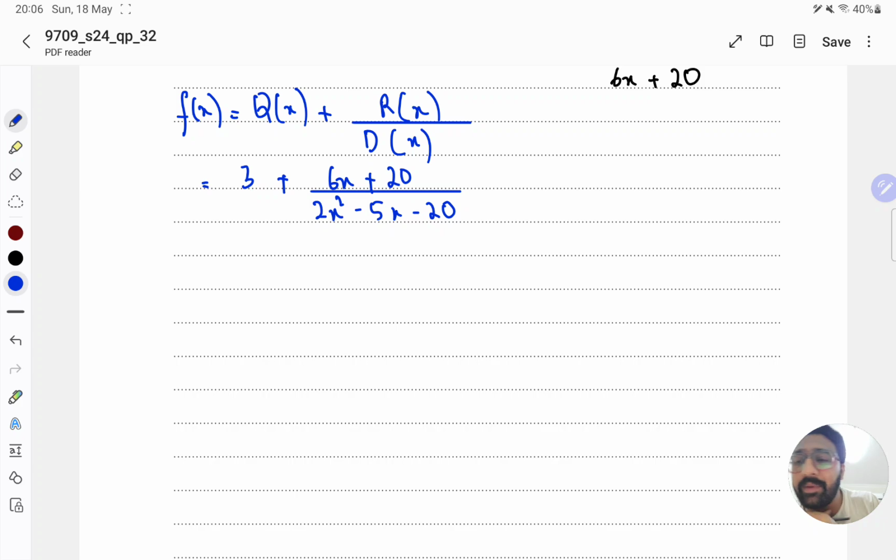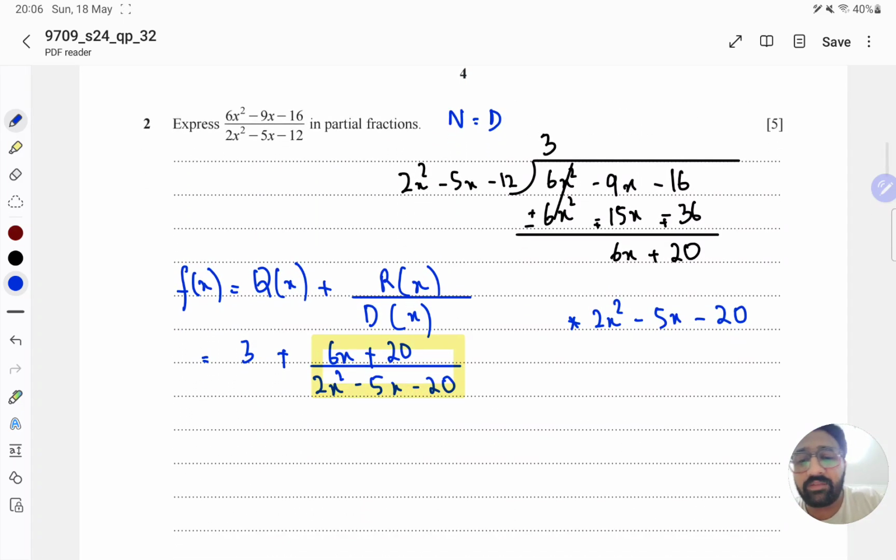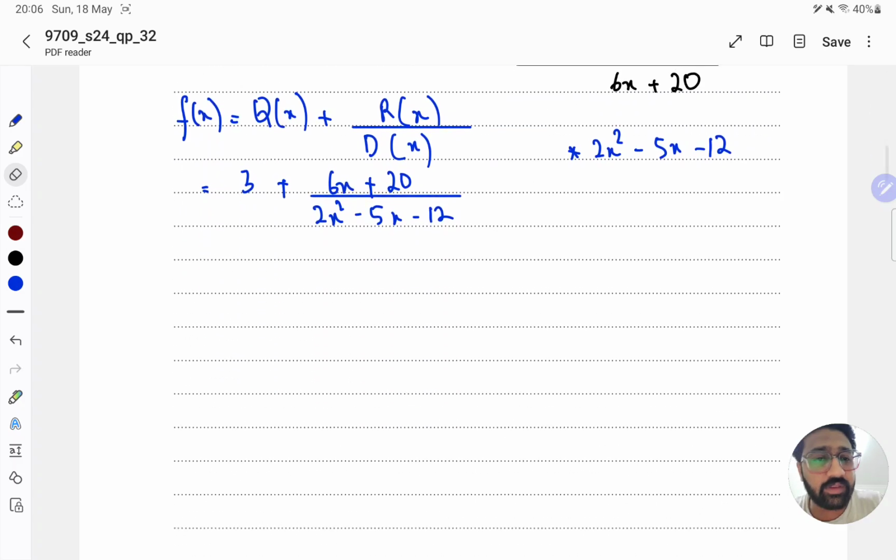Now I have to apply the partial fraction on this part, but before doing the partial fraction, I'll factorize the denominator. The denominator is 2x square minus 5x minus 12.